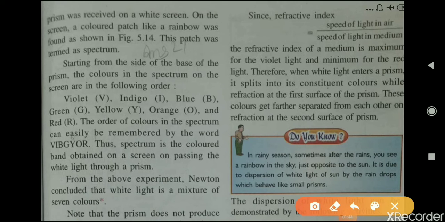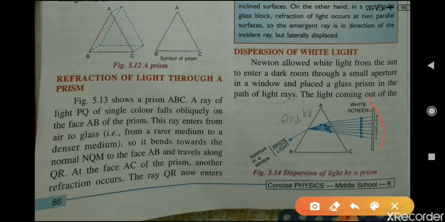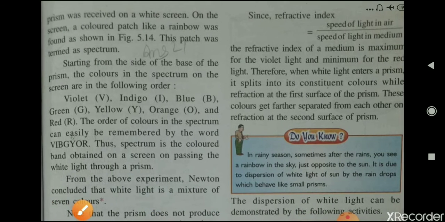On the screen, a colored patch like a rainbow was found. As you can see here in this figure 5.14, this rainbow patch is formed on this white screen, and this patch was termed as spectrum.